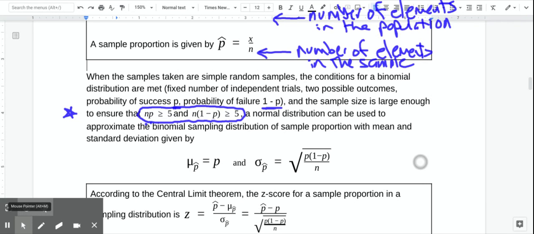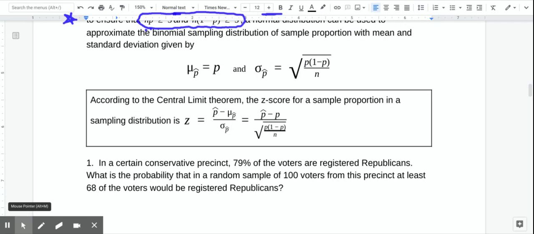Along with both of those being adjusted, we have an adjusted z-score. So remember, normally when we do z-score, it's x minus mu over sigma. When we were using the central limit theorem, we had just some adjustments, and the big one was sigma over root n. Okay, so that's what we did in 7.1 and 7.2.